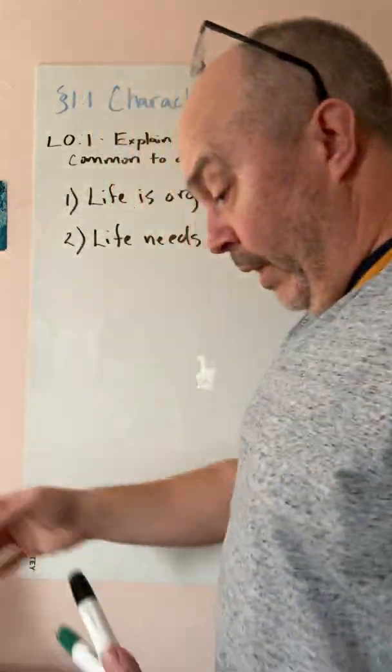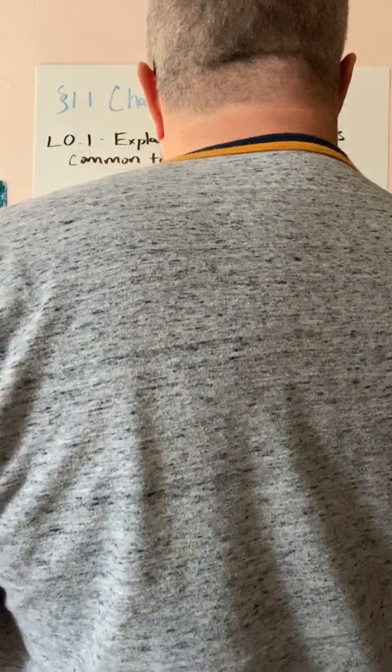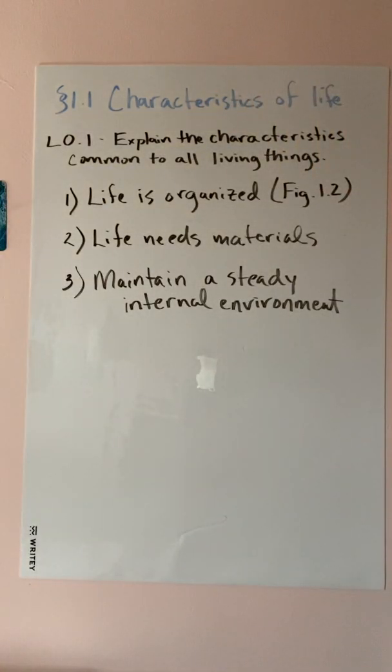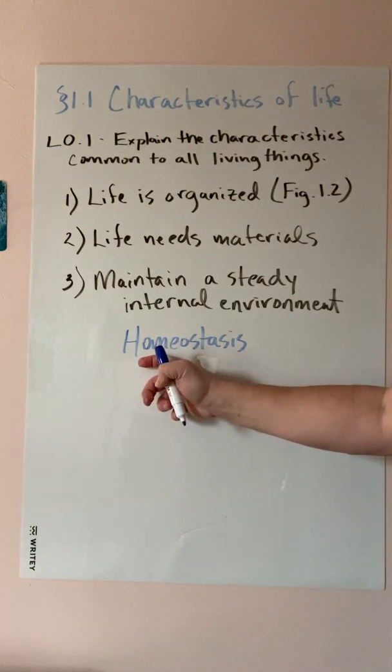The next one, these, like I say, are right on our page. We need to maintain a steady internal environment. There's a fancy word for this. This is called homeostasis. Homeo means same.